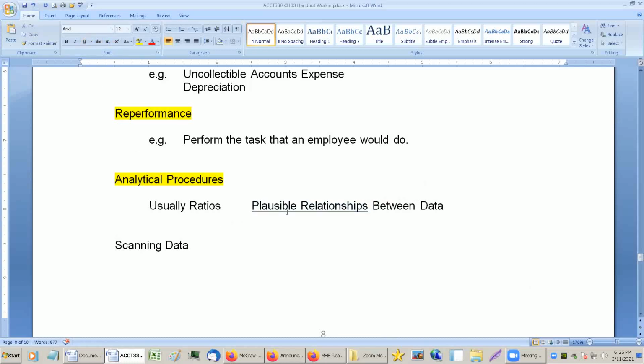Let me give you an example. Plausible relationship, let's say sales increases, so fast I can't spell it right.